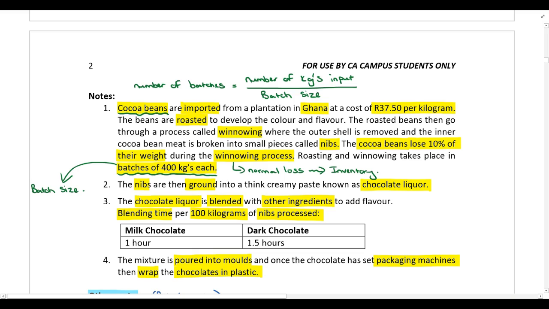So we already know the batch size, that's the 400 kilograms. We now need to determine the number of kilograms of cocoa beans that they are going to input into the production process. Now, we know that the cocoa beans cost 37.50 Rand per kilogram.